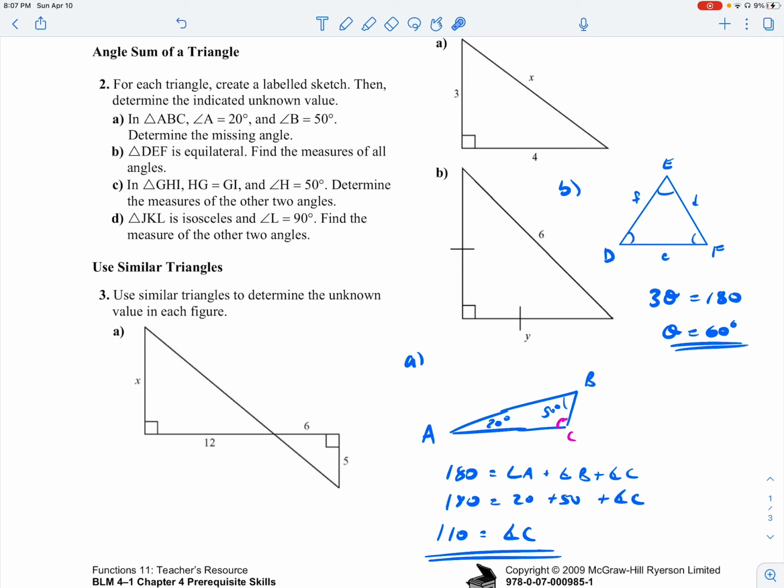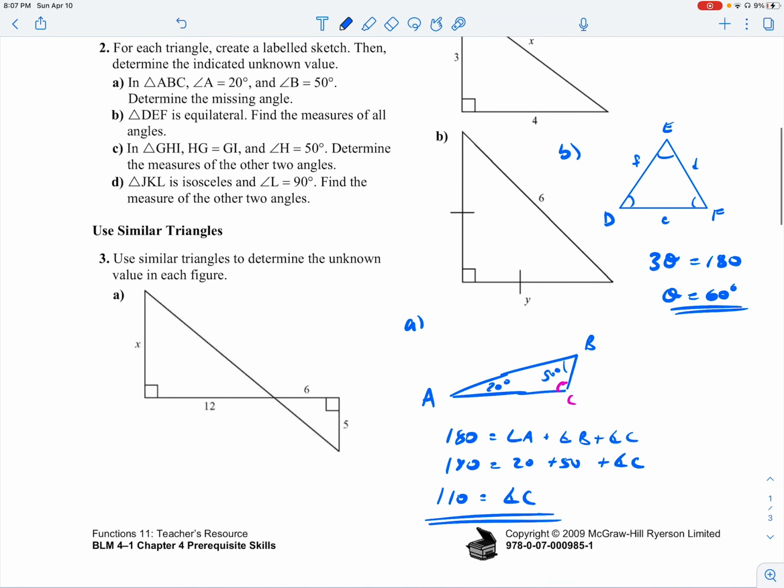Okay, and then part C. We have triangle GHI. 2 sides are the same, and angle H is 50. Determine the measure of the other 2 angles. Let's go ahead and draw this. I can tell this is isosceles because 2 side lengths are the same. We have GHI and put G up on the top. So HG is equal to GI. These side lengths are the same. That's what we're told here. And angle H is equal to 50.